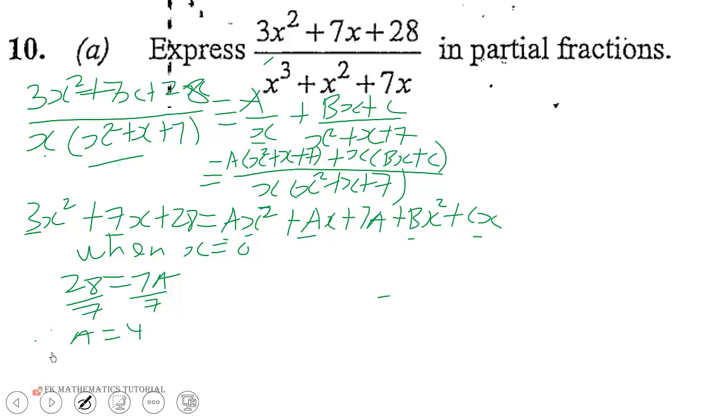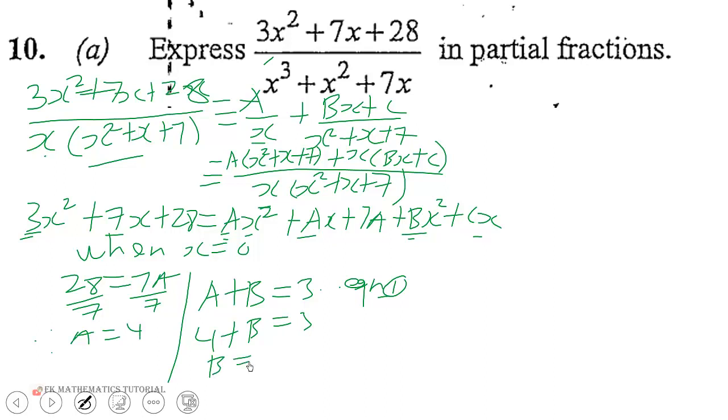Now comparing coefficients, we have a plus b. A plus b should be equal to the coefficient of x squared, which is 3. So we have equation 1 here. Then again, comparing coefficients, when we put a here, we will get 4 plus b is equal to 3.